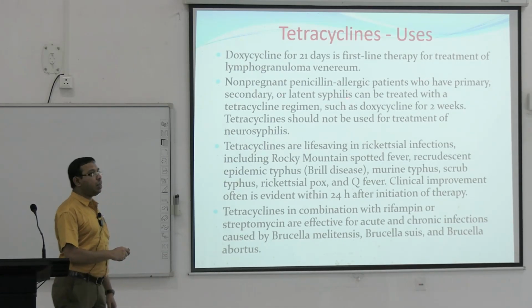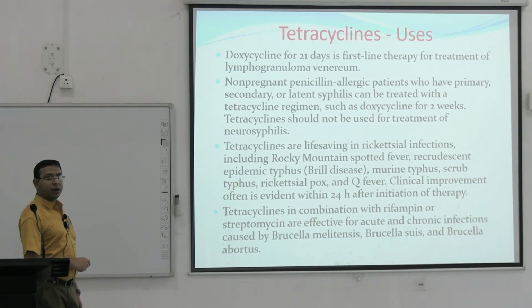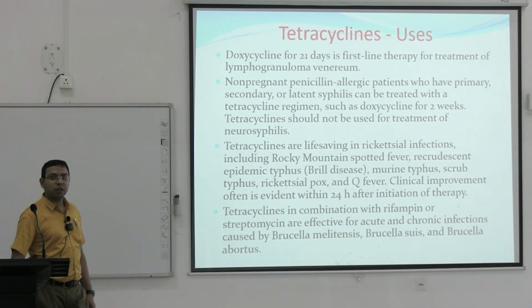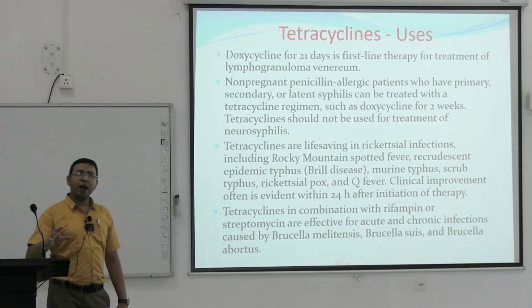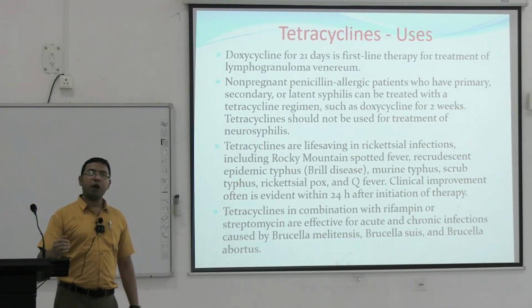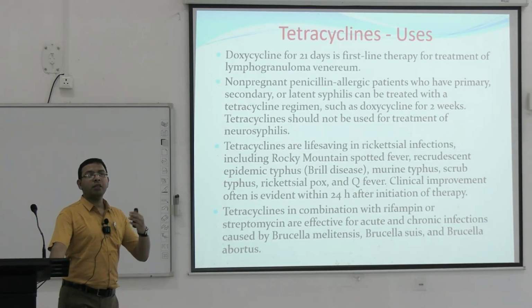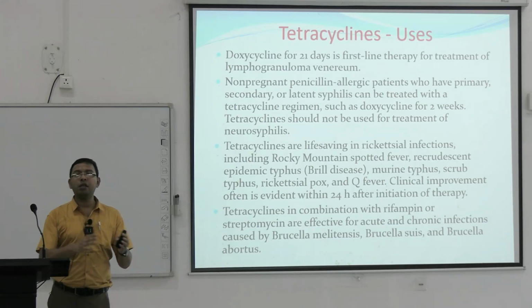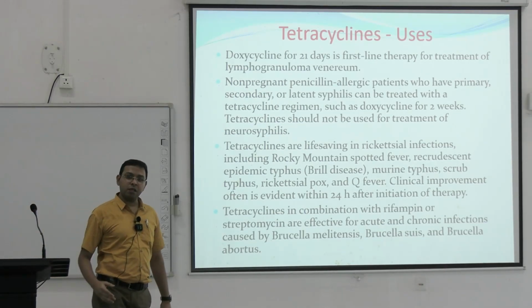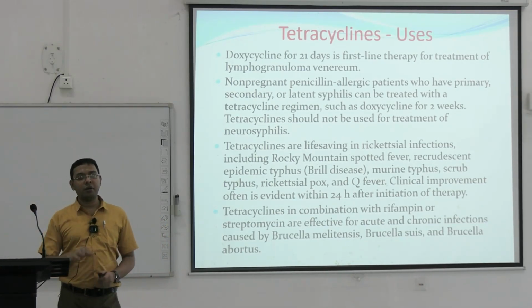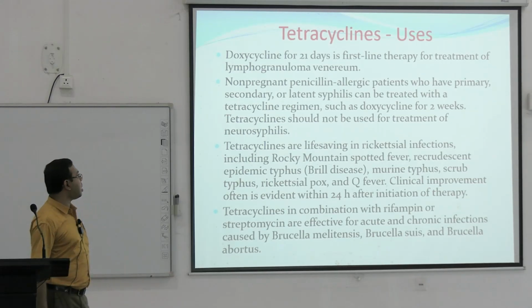Secondary or latent syphilis can be treated with a tetracycline regimen like doxycycline for 2 weeks. Syphilis is quite less common as of now, but in spite of this, syphilis is caused by Treponema pallidum, and if it is not treated, primary syphilis can progress to secondary or tertiary syphilis. So we can treat this with the tetracycline group of antibiotics like doxycycline.